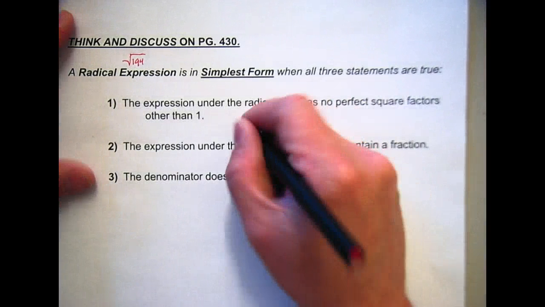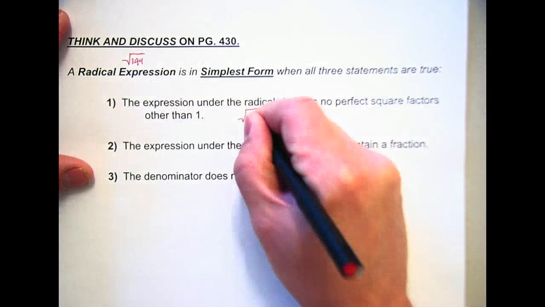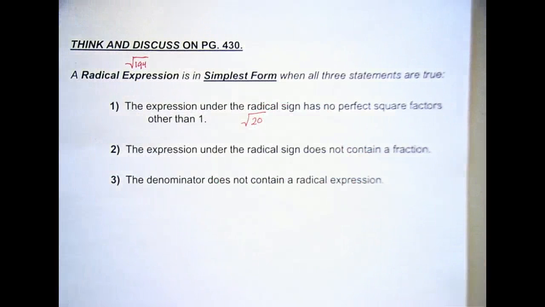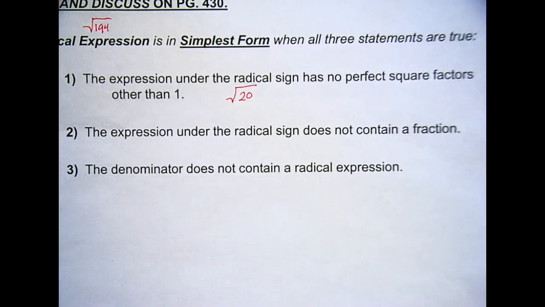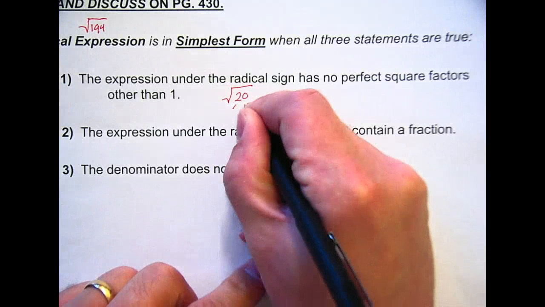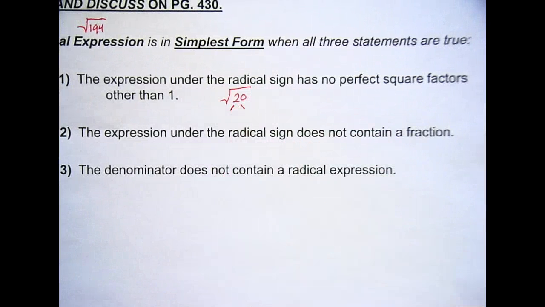So in other words, for instance, this right here is not in simplest form. Root 20. Okay, so maybe list an example for number 1. Root 20 is not in simplest form because root 20 can be broken into the product of two numbers, one of which is a perfect square. What perfect square goes into 20? Yeah, 4.